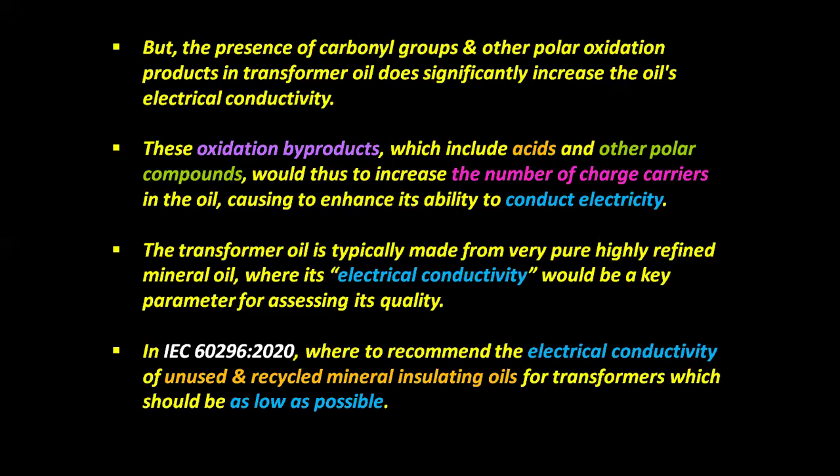Transformer oil is typically made from very pure, highly refined mineral oil, where its electrical conductivity is a key parameter for assessing its quality. IEC 60296:2020 recommends that the electrical conductivity of unused and recycled mineral insulating oils for transformers should be as low as possible.